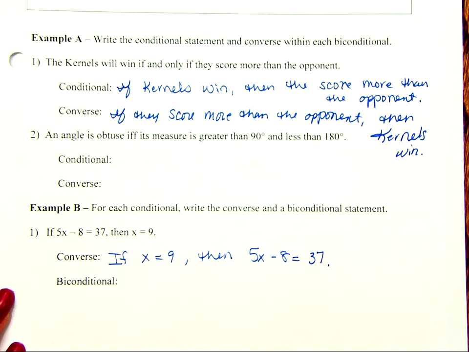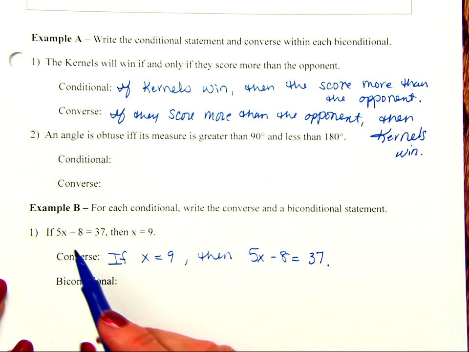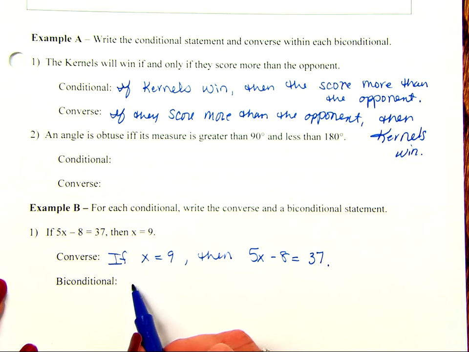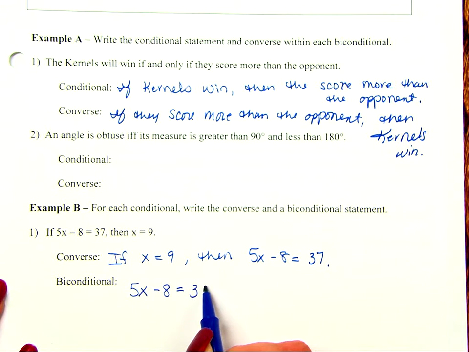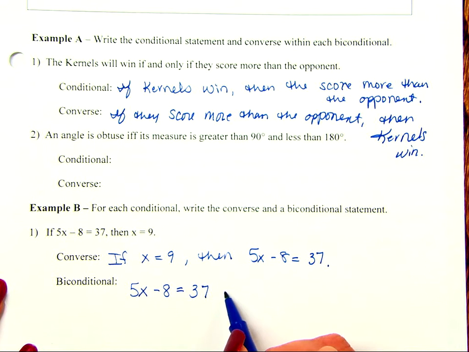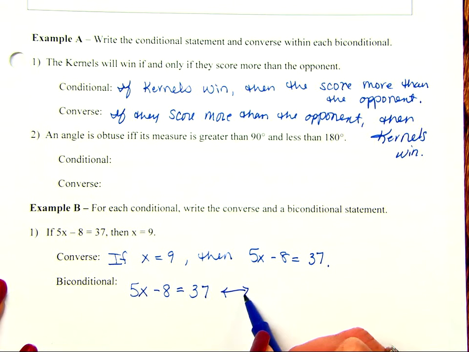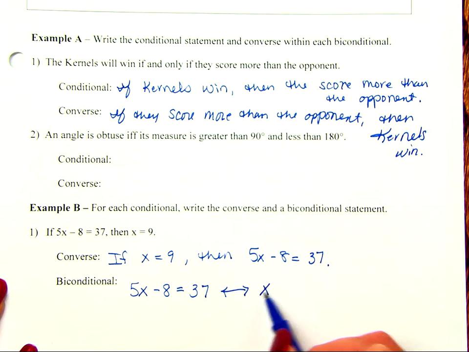For my biconditional, I'm looking to add those key words, if and only if. Typically they go back to starting with the conditional statement. My biconditional may look something like this: 5x minus 8 equals 37 if and only if, maybe I'm going to use symbols, x equals 9. That is one way to write it.